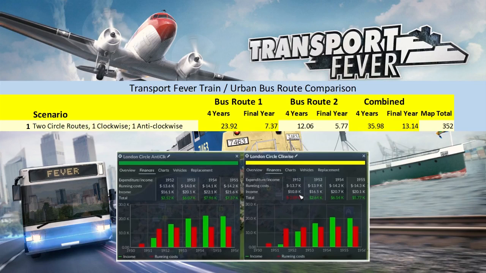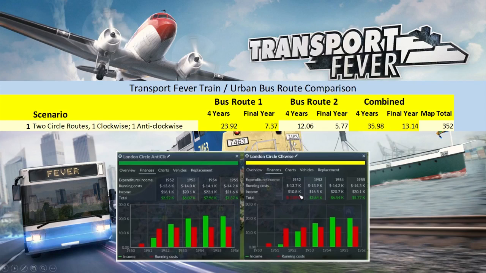So the whole map had 4 routes on it: the train route between Birmingham and London, and also the small feeder route within Birmingham, which brought the residents into the train station in Birmingham to get them to London. So that's looking quite nice. I'm quite happy. That's quite a nice, profitable looking setup by the look of it.